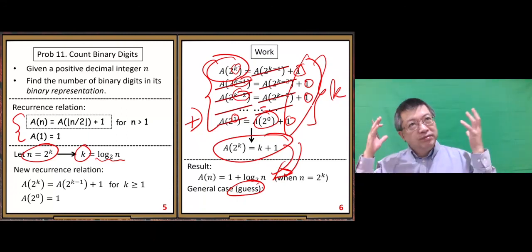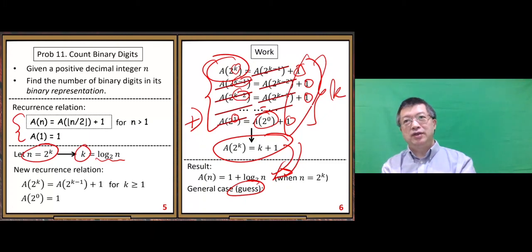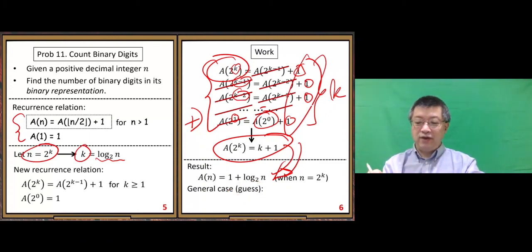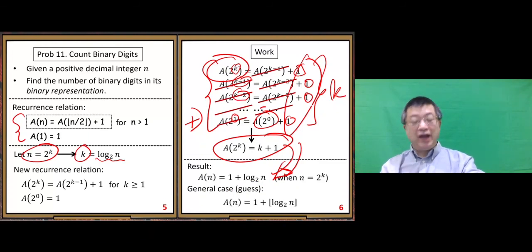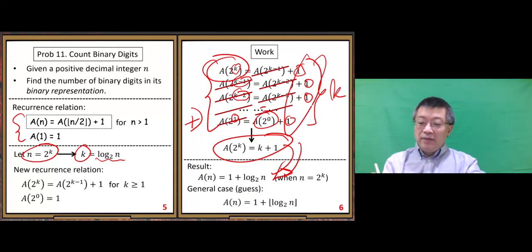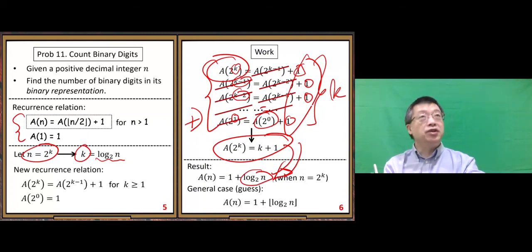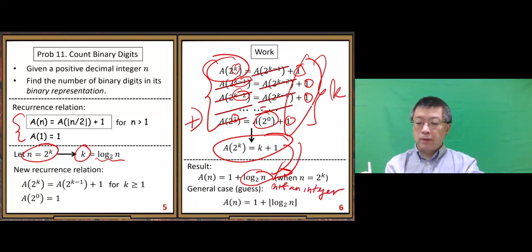So we do not do a baseless guess. We do a reasonable guess. From there, A of n equals 1 plus log base 2 of n. Usually for the general case, this number is not an integer. How to convert it to an integer?